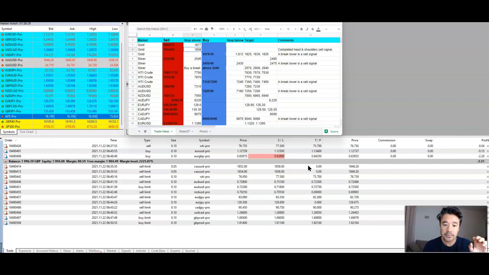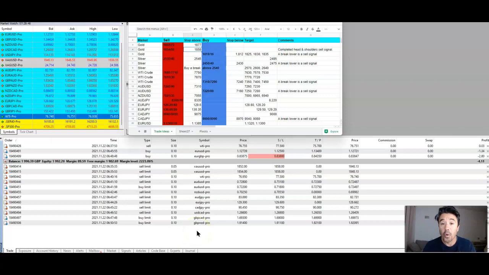So I want to risk around 1% of my trading account per trade. So I've got £2,000 in the account. I want to risk about £20 per trade. Doesn't sound like a lot of money, but I think I've got something like 13 orders in here, 13 different markets.